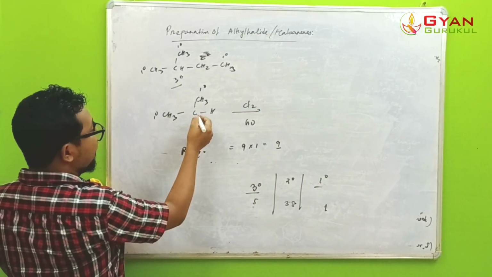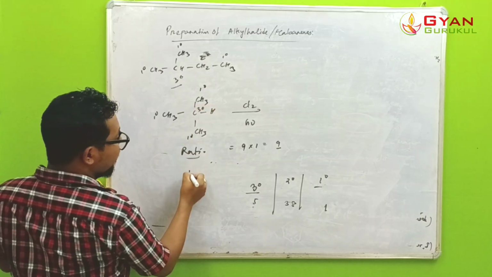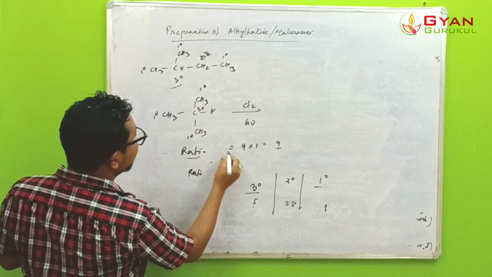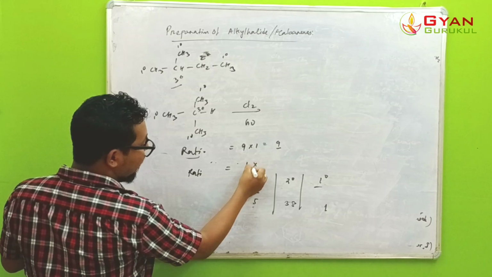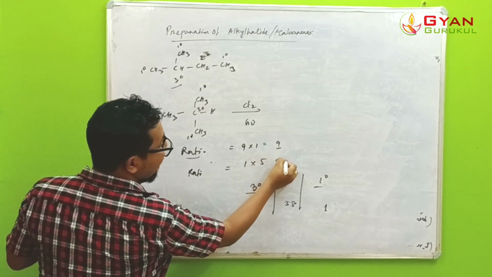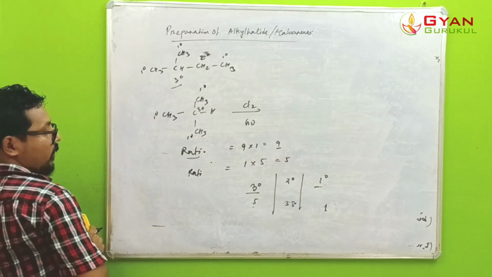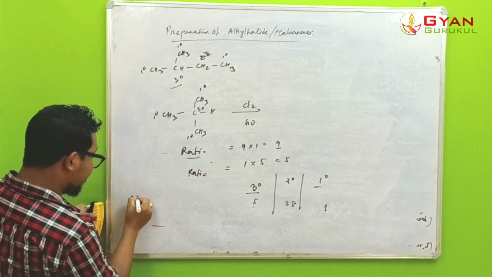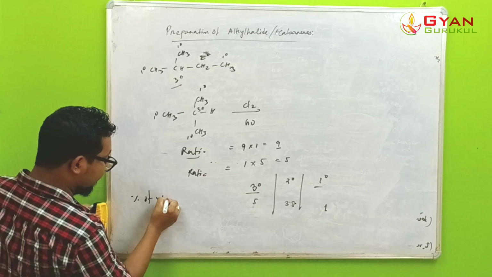Next, this is primary and this is tertiary. For tertiary, how many hydrogens are there? One, and the value is 5, so 5. How do we calculate the percentage of yield?